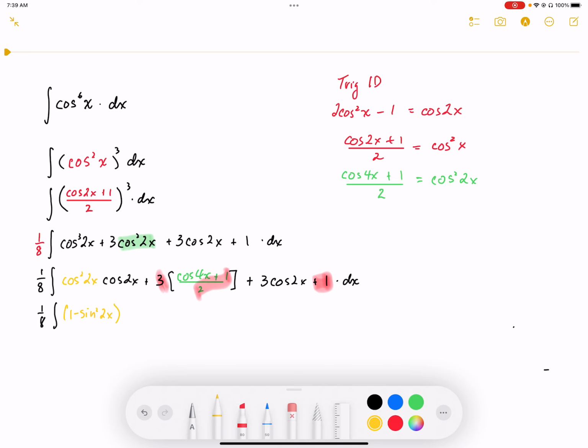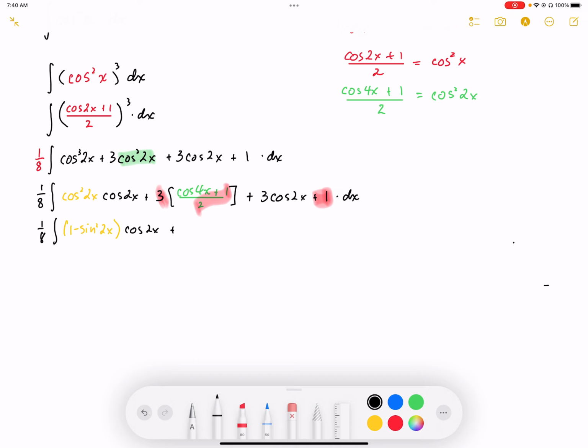And that's going to allow me to, first of all, generate another cos 2x when I expand that out. And I have a sine squared 2x cos 2x, which I'm going to be able to use substitution to solve.